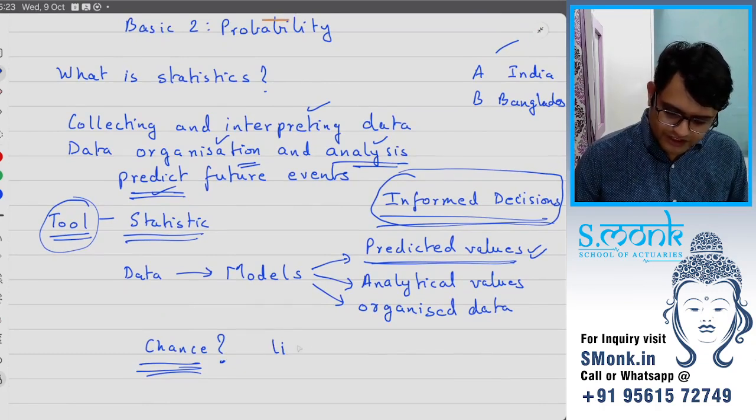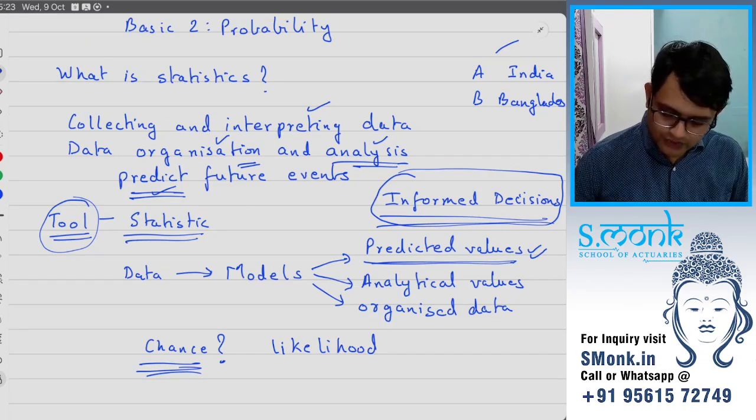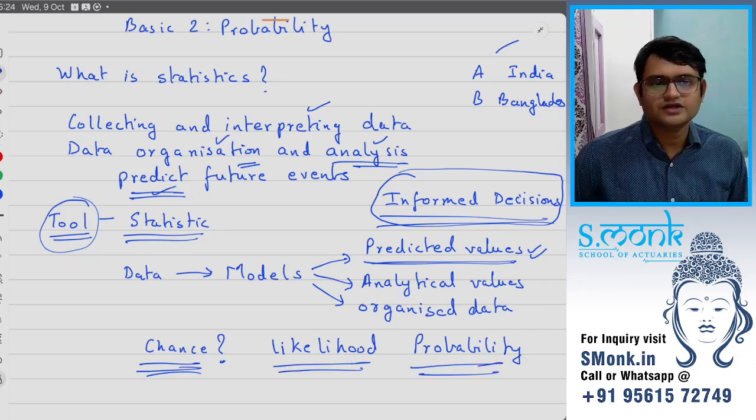The other word that we use is likelihood. There is more likelihood that you will be able to predict, or we say probability. We use the word chance or likelihood or probability.